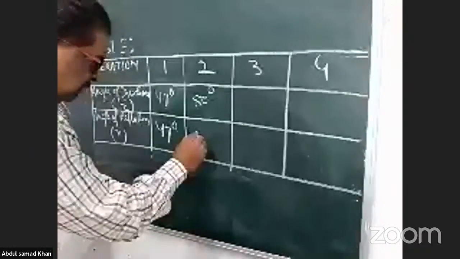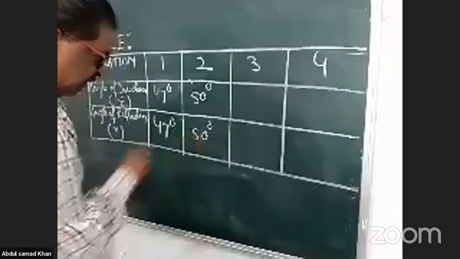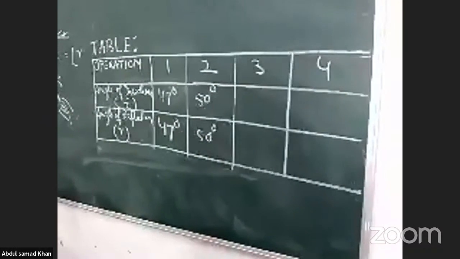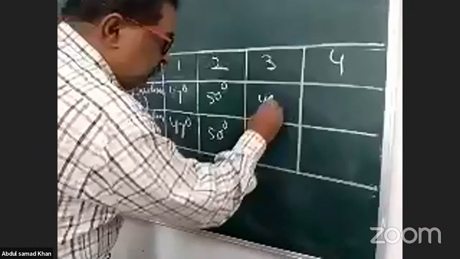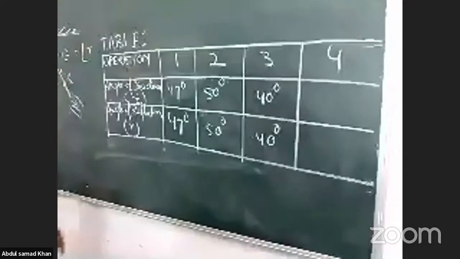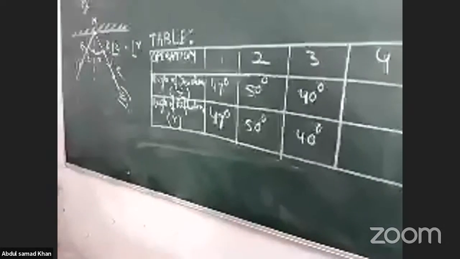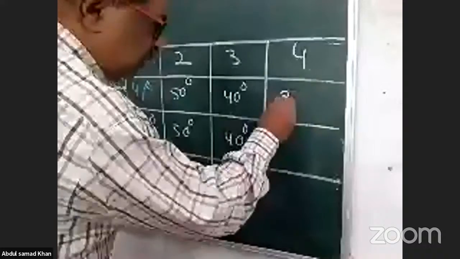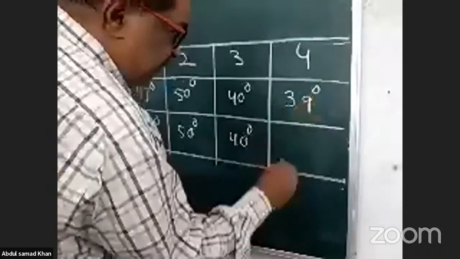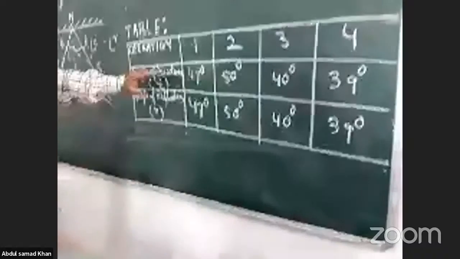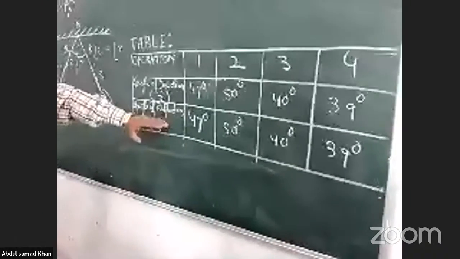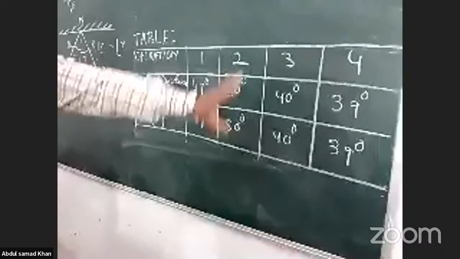The third one I drew is 40 degree, and this is also 40 degree. And the fourth one is 39 degree, and 39 degree. So angle of incidence and angle of reflection both are equal. Yes, sir.